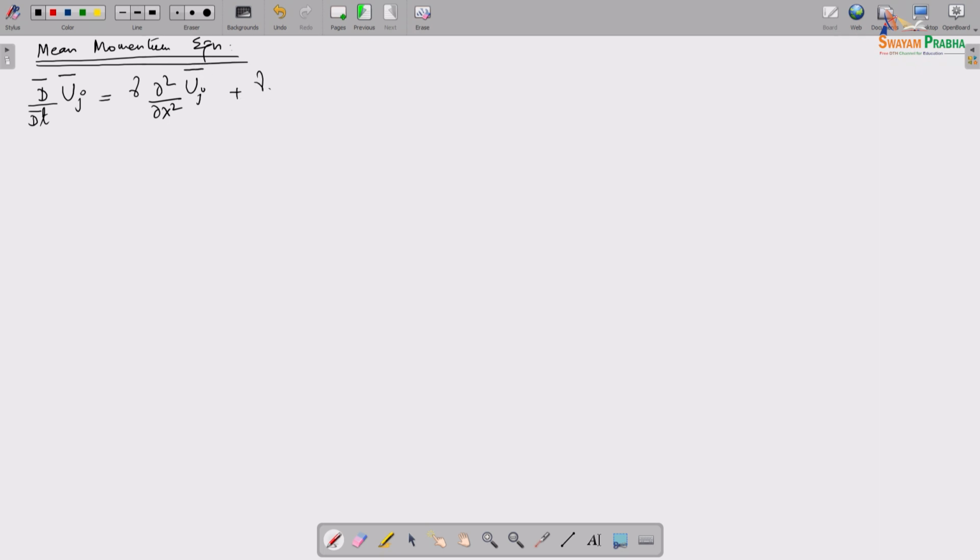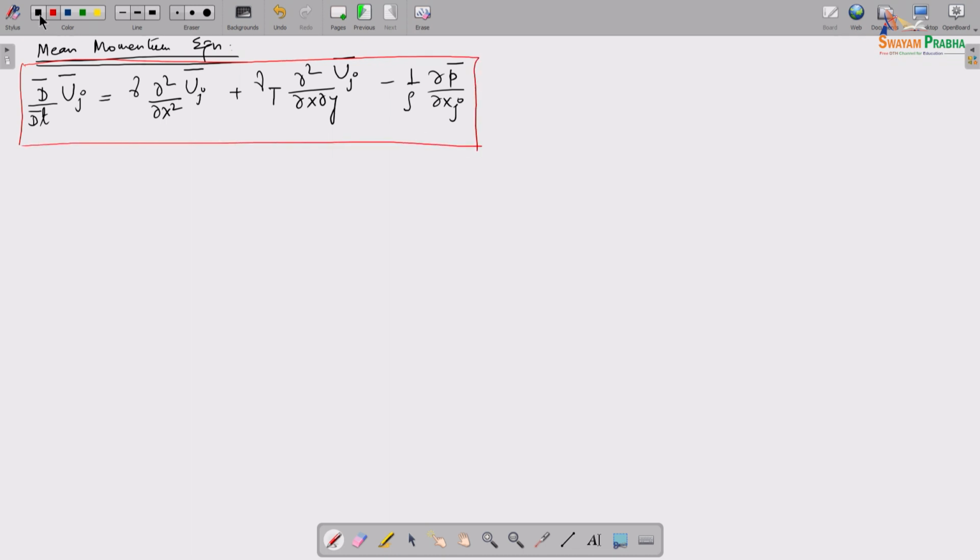So this is my mean momentum equation, right? And I'm saying I'm going to solve this using CFD, right? The issue is essentially this. So how do I go about doing that, right? How do I go about doing that?